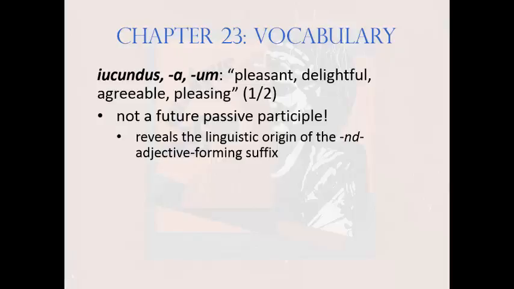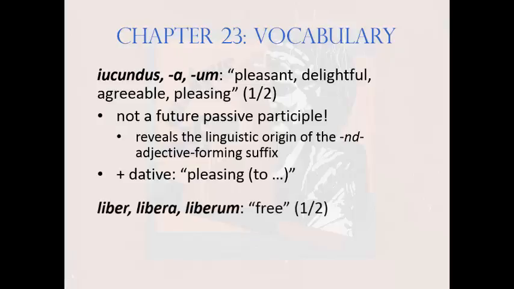It didn't carry any tense or voice value. But the Romans at some point decided to assign it a future passive value, and thus used it to create their future passive participle. Note also, please, that jucundus expects a dative after it, that is, pleasing to someone. This is called a dative with jucundus or with a special adjective.